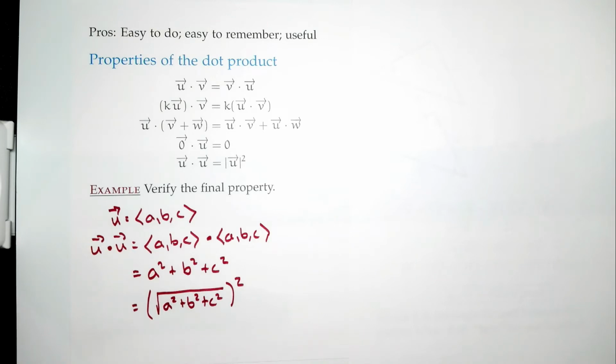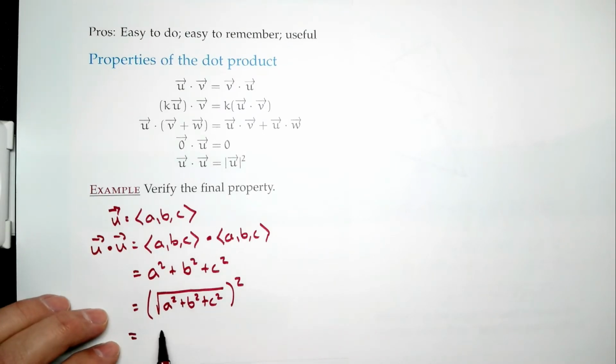Yeah, it's related to the distance formula, and in particular, it's the distance from the start of the vector to the end of the vector, which means it's the length, or the magnitude. So, this is the magnitude of the vector squared, which is what we wanted to show.